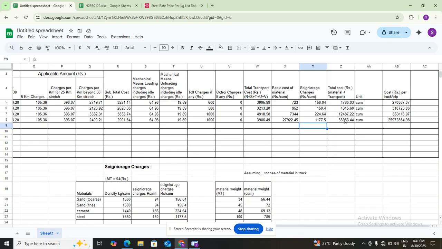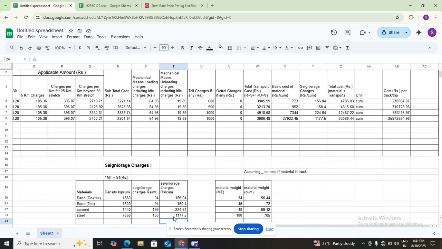So you need to multiply 115 by 7.85. That's the case. The total price has to be this many lakhs. The total price has to be 25 lakhs 97. No, no, it's a more amount.